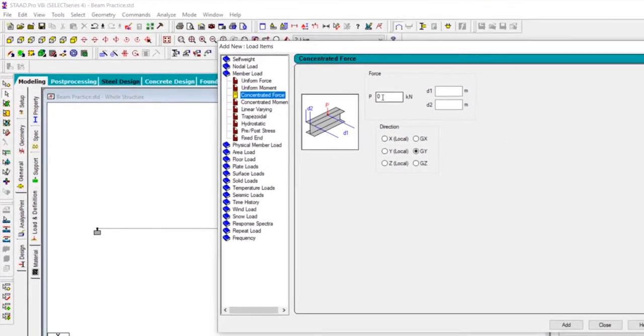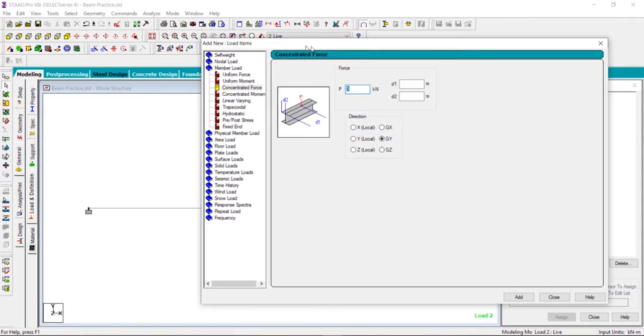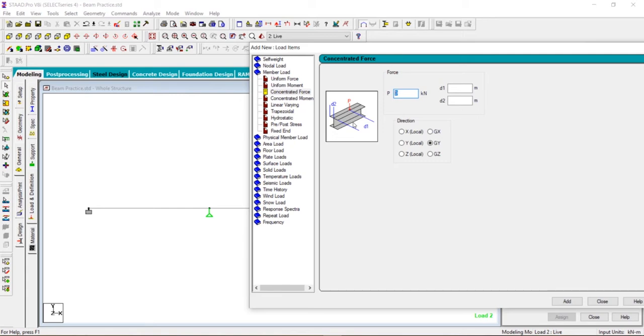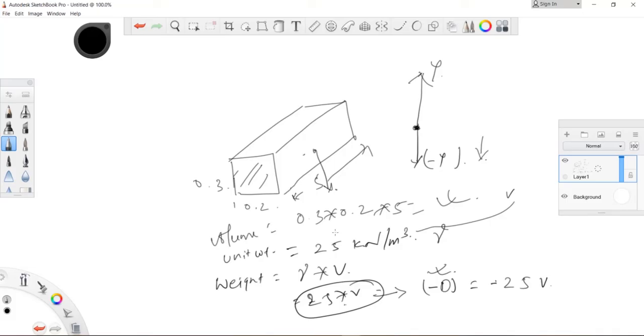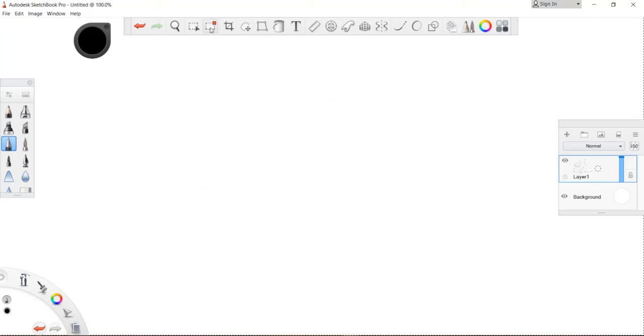The concentrated force we are applying, the value is 20 and the unit is kilonewton. Here you can see the D1 and the D2. So D1 means that, so this is our beam.